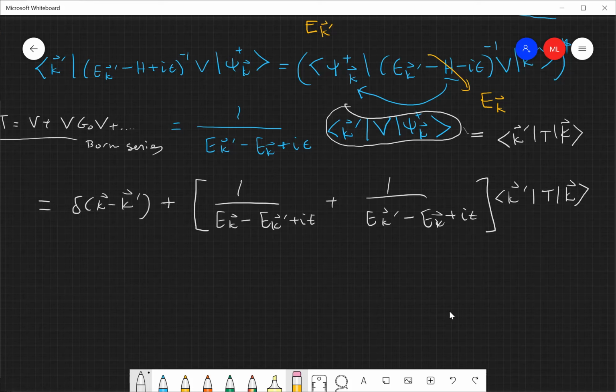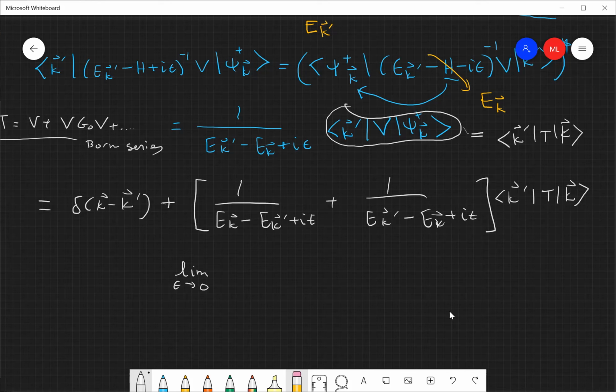The thing out front is actually kind of interesting. Remember, we always send the limit that epsilon goes to 0 in the end. Once you've cured all your divergences with the epsilon, you send the epsilon to 0. It goes away. So for the Green's function, it picks out the right sign for that spherical wave. But after you've done that, you send epsilon to 0 once you've used it to make sure that things don't blow up.